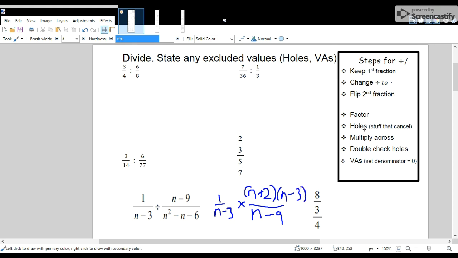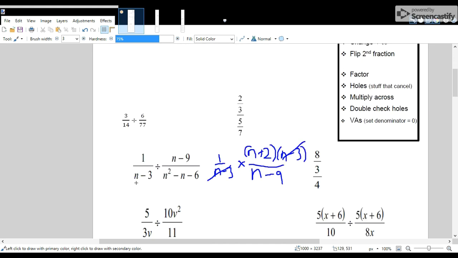From here, see if there's any holes. This is stuff that cancels. N minus 3 and n minus 3 do cancel. So you do have a hole at n equals 3, because 3 minus 3 is 0.